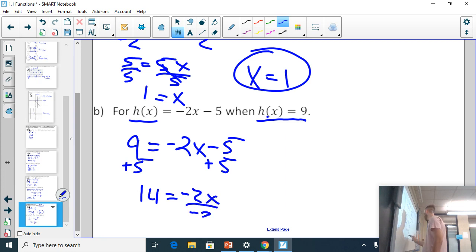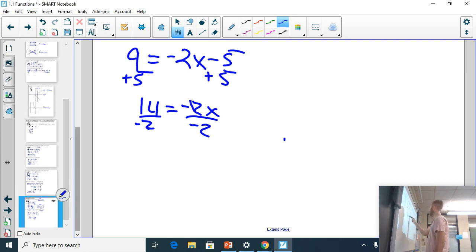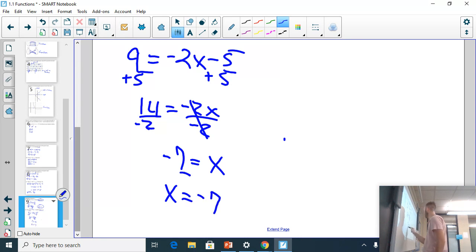Then I need to divide both sides by negative 2. And then once I do that, I'm going to get x on this right side equals 14 divided by negative 2 is going to be negative 7. And again, if you want to, you can rewrite it with the x on the left. It means the same thing.